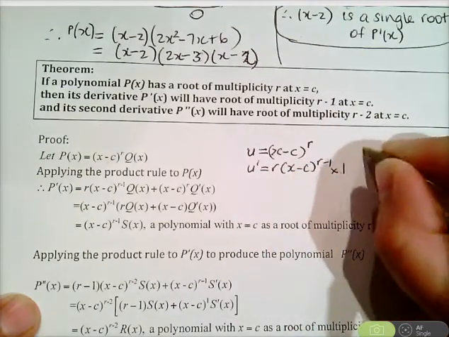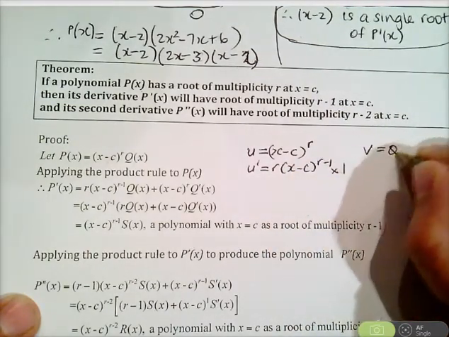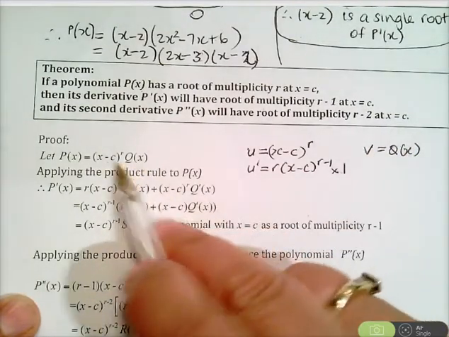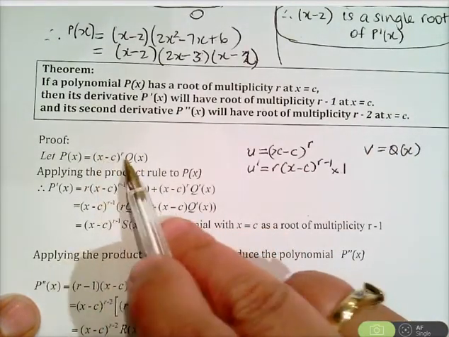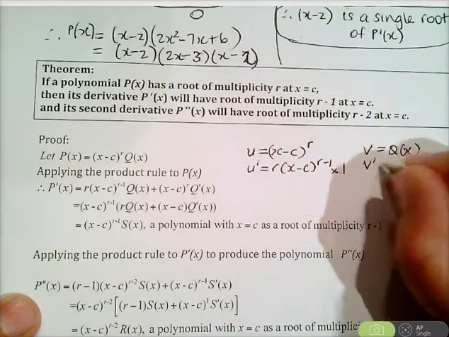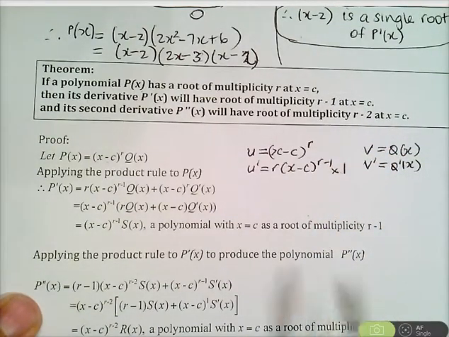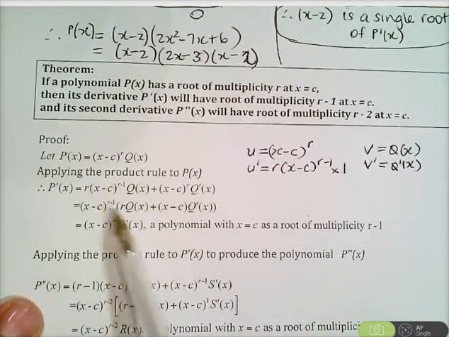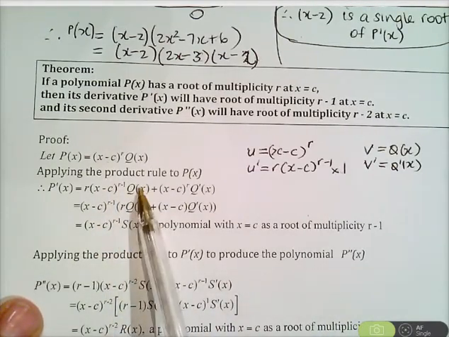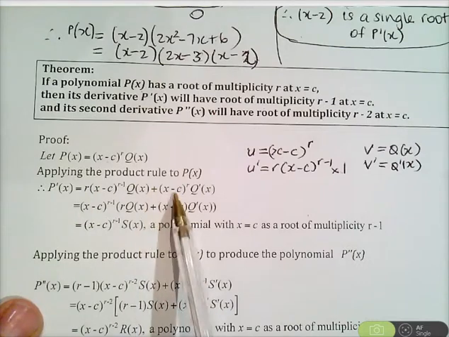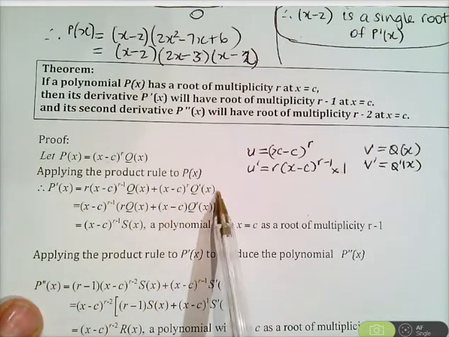And here, v is q of x, so v dash equals q dash x because we do not know what the function is. Applying the product rule, we have v times u dash plus u times v dash.